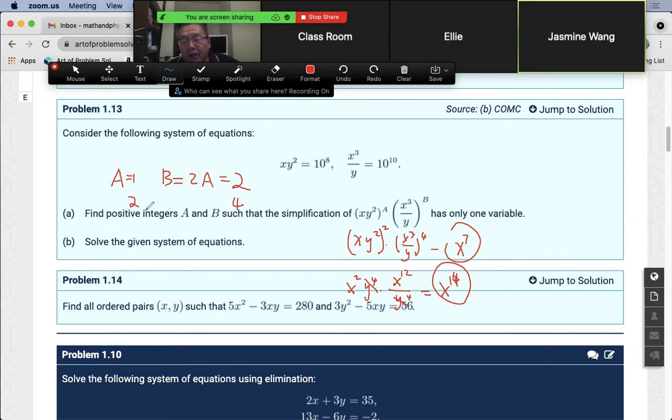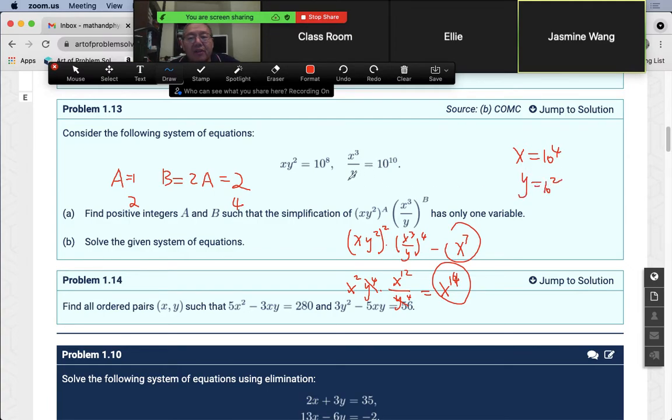So here we got the answer for this part: a can be any positive number, but b will equal twice of a. Then we'll make this expression only related to one variable. That variable is x. The y variable will cancel out. Then solve the given equation. We get x equals 10 power 4 and y equals 10 power 2, right?